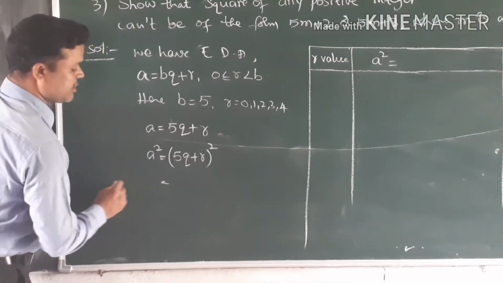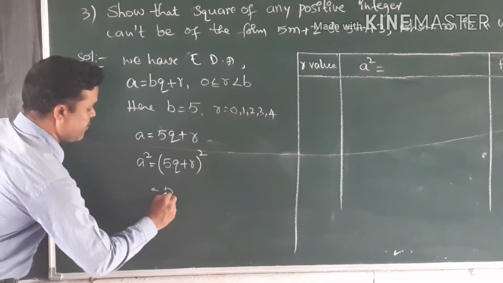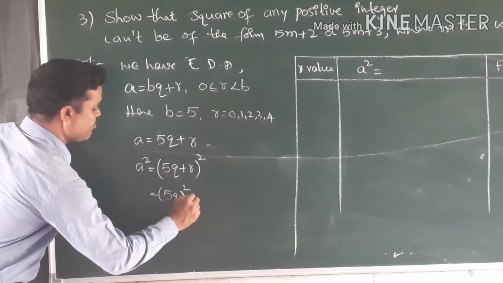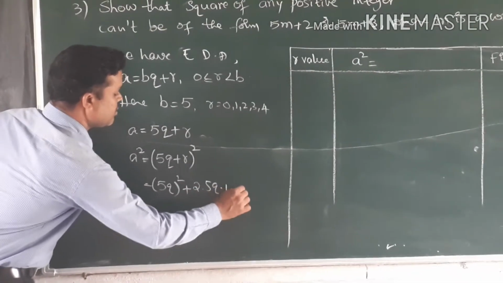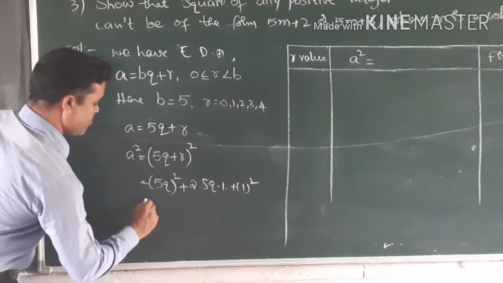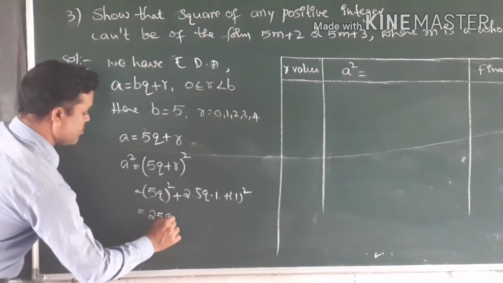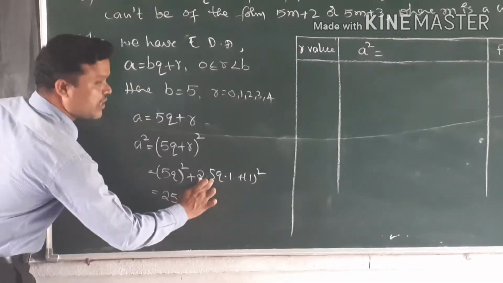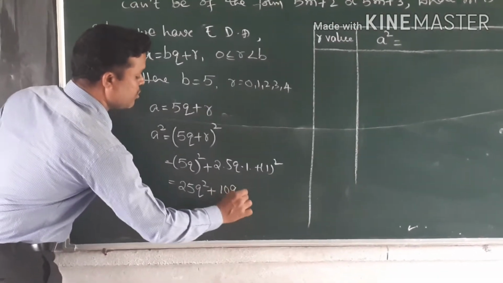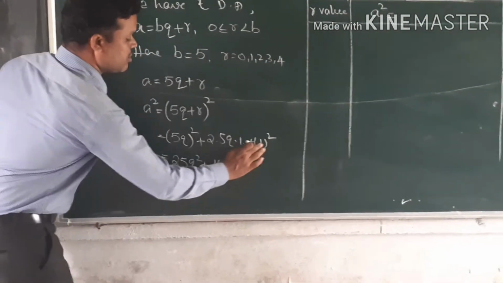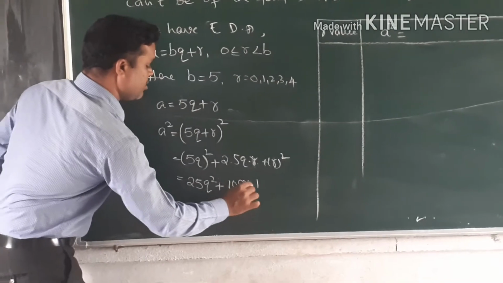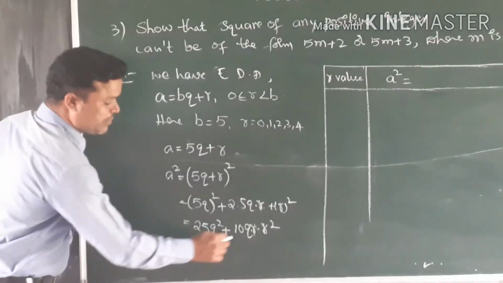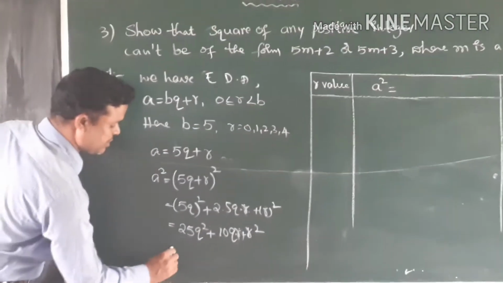In the RHS simplification, that is (5q) whole square plus 2 into 5q into r plus r square. (5q) whole square is 25q square, 2 into 5q into r is 10qr, plus r square.